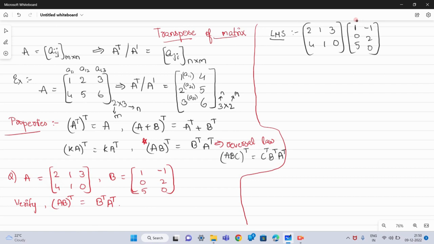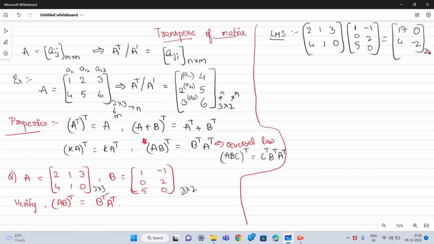Is matrix multiplication possible? Yes, because here it is 2 cross 3 and here 3 cross 2. So 3 and 3 are equal, so matrix multiplication is possible, and we multiply directly. 2 plus 15 is 17, and this with this minus 2 plus 2 is 0, here 4, and this with this minus 4 plus 2 is minus 2.